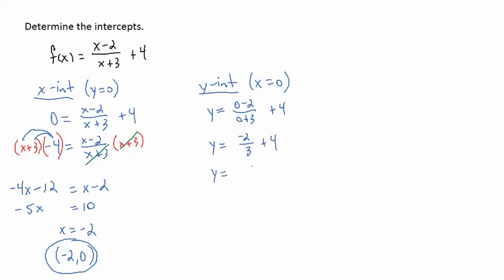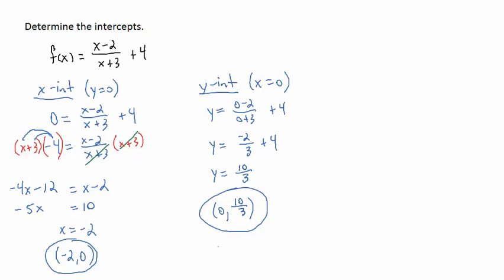And when we add those together, we get negative 2/3, and 4 as a fraction is 12/3. So negative 2/3 plus 12/3 is 10/3. So that's the ordered pair where x is 0 and y is 10/3. So there's our y-intercept. So those are many examples of finding the x-intercepts and the y-intercepts.